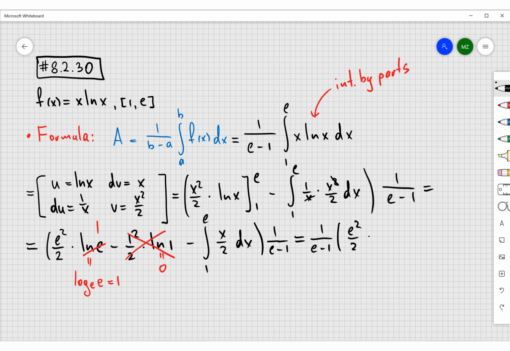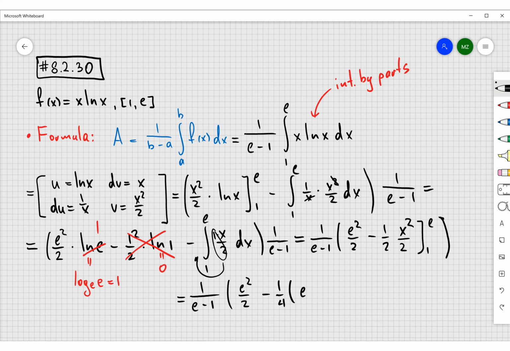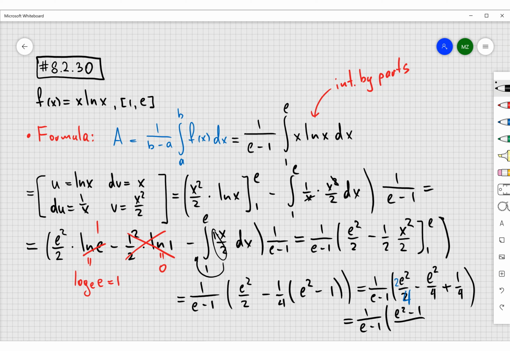So I'm going to obtain 1 over e minus 1 times e squared over 2 minus 1/2, where 1/2 is a constant which I factor in front of my integral. The integral of x is x squared over 2 between 1 and e. And after some simple algebra, you can see that I obtain the final answer, which is equal to 1 over e minus 1 times e squared plus 1 over 4.